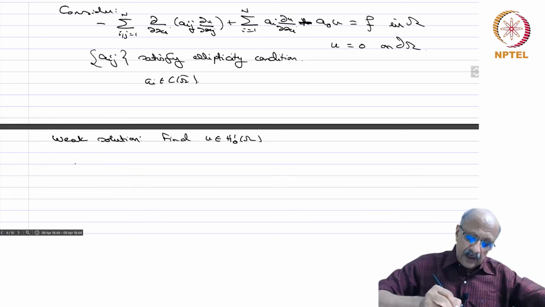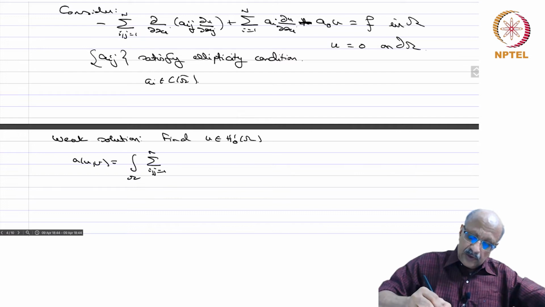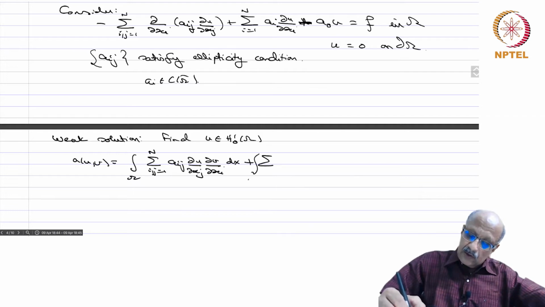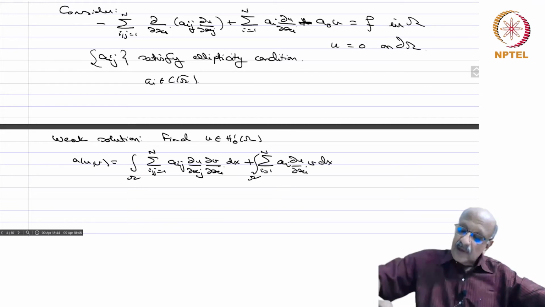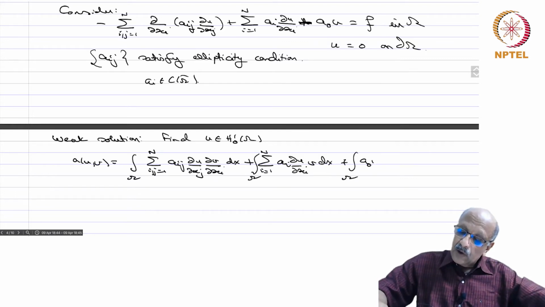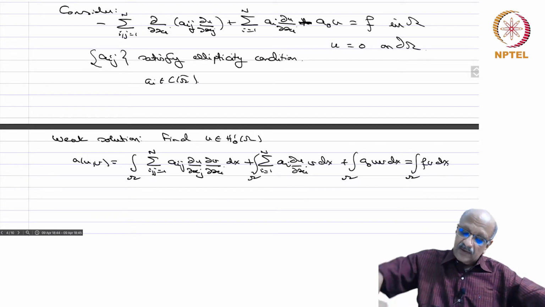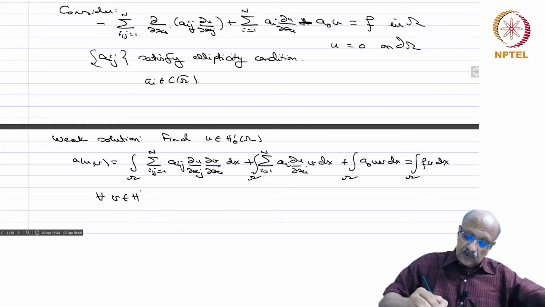Now we have to specify that a(u,v) equals the integral on omega, sigma ij equals 1 to n, aij du by dxj dv by dxi dx, plus the integral on omega, sigma i equals 1 to n, ai du by dxi v dx, plus the integral on omega a naught uv dx equals the integral on omega fv dx for every v in H10 of omega.